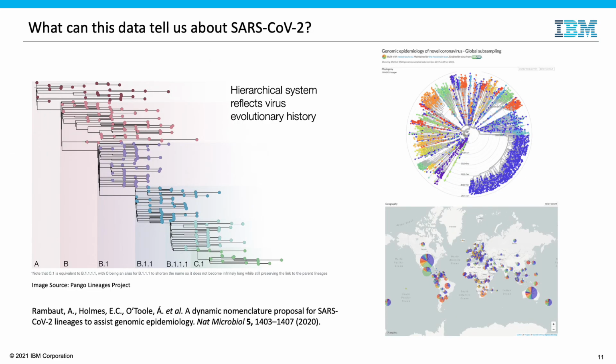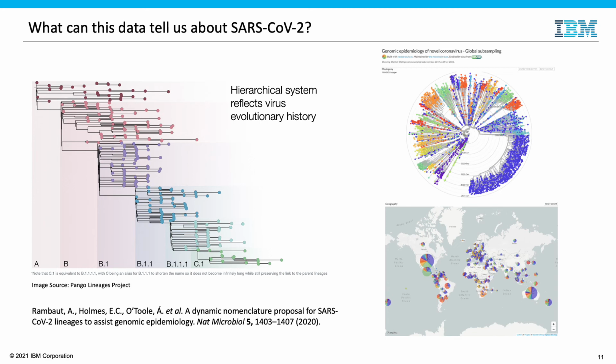Beyond this, we wanted to ask, great, so what can this data actually tell us about SARS-CoV-2 and its role in our public health and the evolution that it's undergoing? Here are a couple of examples of phylogeny demonstrating the different lineages and the nomenclature that's proposed for SARS-CoV-2. It's loosely quantified that the virus on any given transmission chain can have 2 mutations per month.